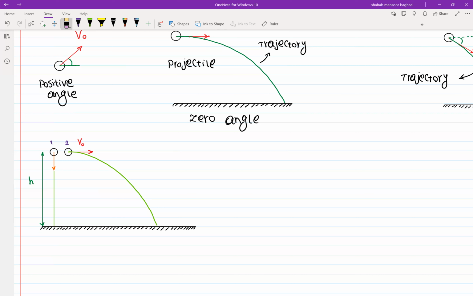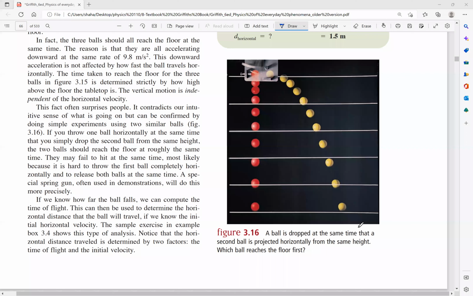Let me show you a figure in this regard from the textbook. Give me a second, please. Look at this figure. So the red object on the left side, that's falling object. And the yellow object is projectile.